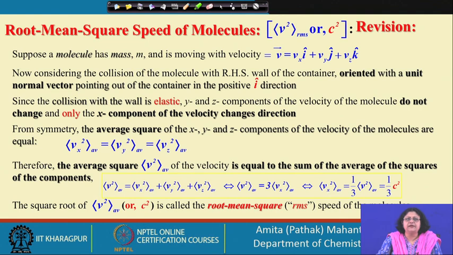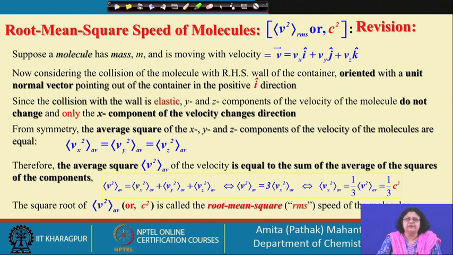And here what I am considering is the collisions of the molecules on the right hand side of the container. What we are looking into is a unit normal vector. If I am talking about the right hand side, I am talking about the x axis, then the unit normal vector pointing towards the container is going to be the positive i direction.